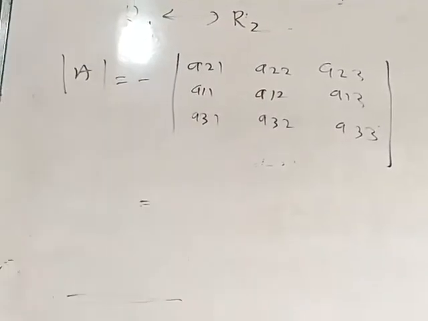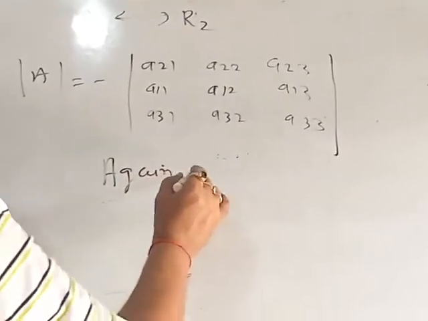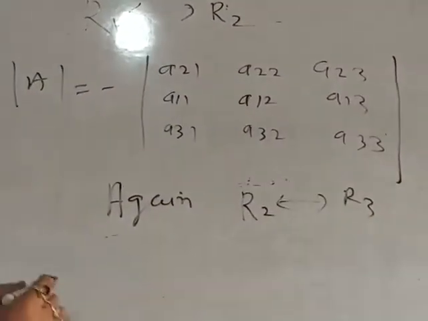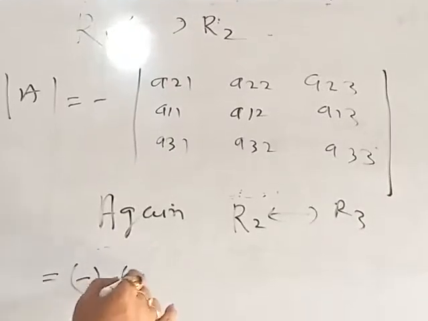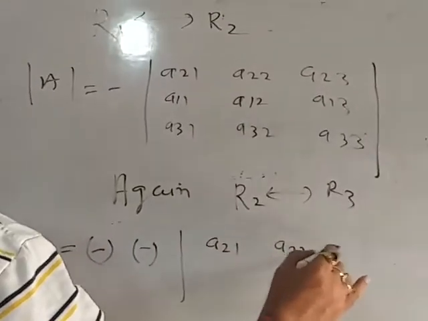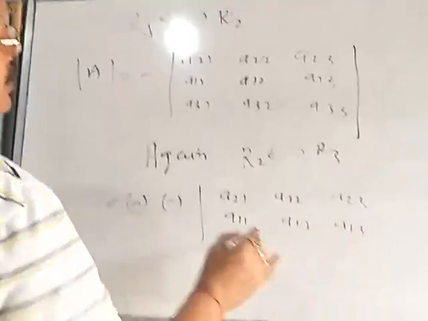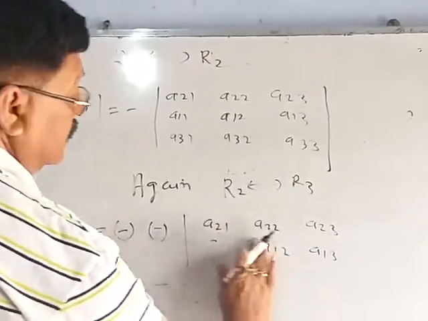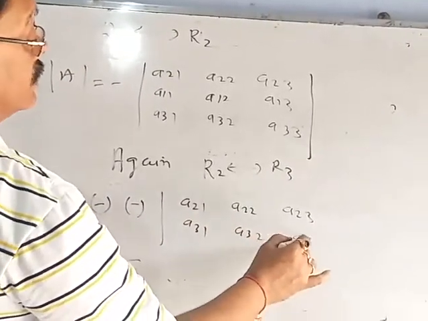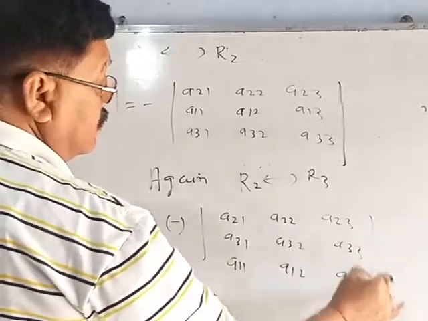Again we can interchange. Suppose again we interchange R2 and R3 in this way, then minus and minus, again minus, A21, A22, A23, A31, A32, A33, A11, A12, A13.